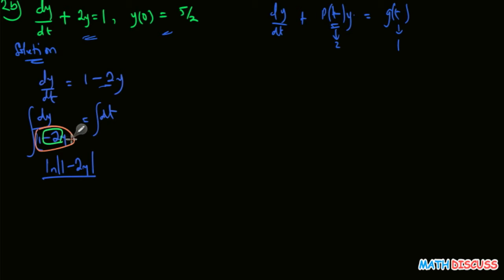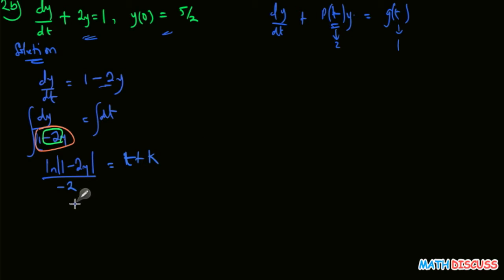When you differentiate it with respect to y, you should have negative 2. So whenever you've done it generally, you have ln of 1 minus 2y. Ensure to divide it by the differentiation of the term you have in that denominator there. So we have negative 2, equals t plus an arbitrary constant.